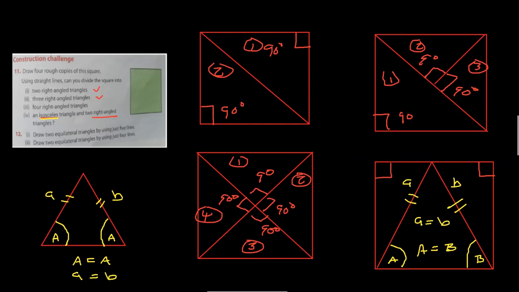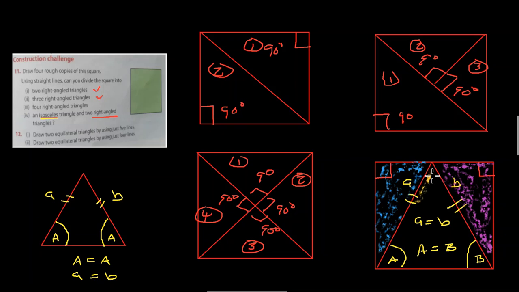You can see here that this is one triangle, and for this side here we get the other triangle as well, and these are both right angle triangles. And then in the middle you have your isosceles triangle, which is this one in the middle in here.